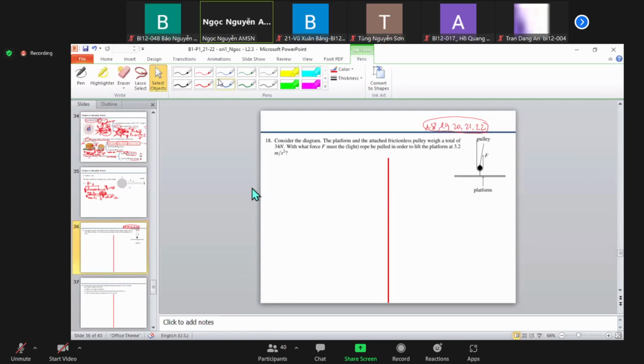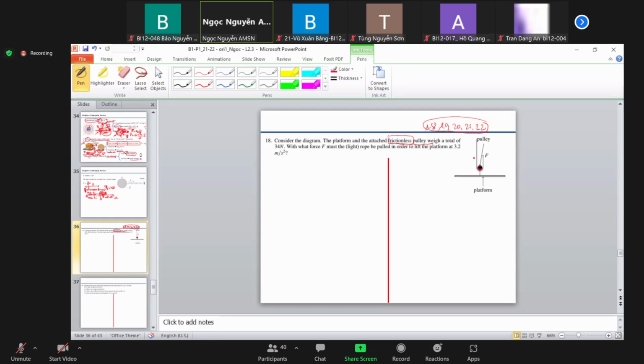Consider this diagram. Here you have a frictionless pulley. Here is the pulley, here is the platform. Why do they have to say frictionless? Because in fact here we have a relative motion between the pulley and the string, right?